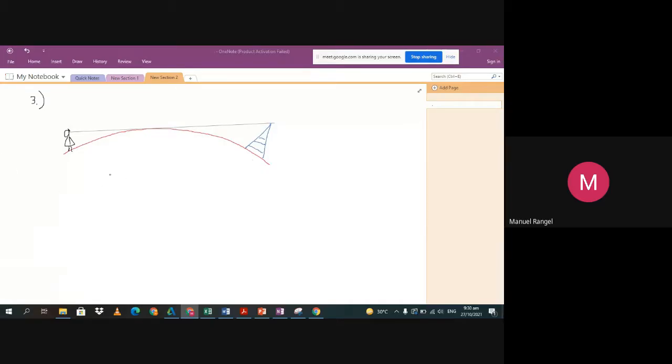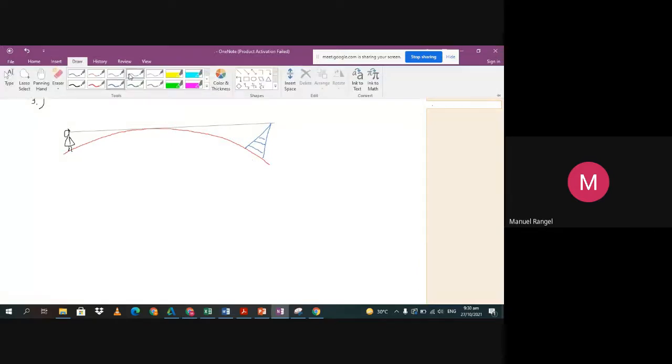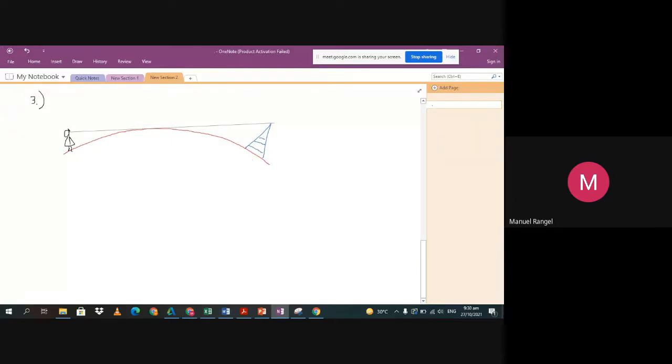So we have a distance of... What is the point of tangency? Imagine na lang na this is curve.